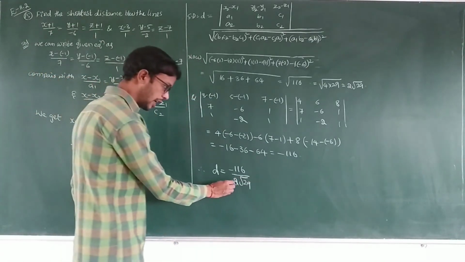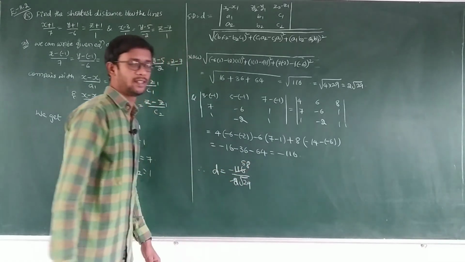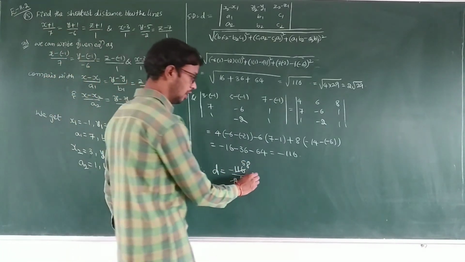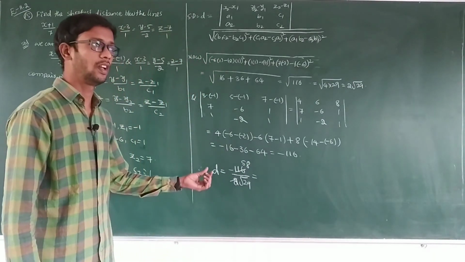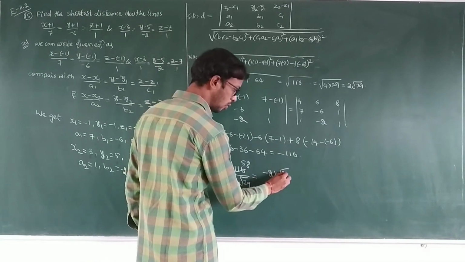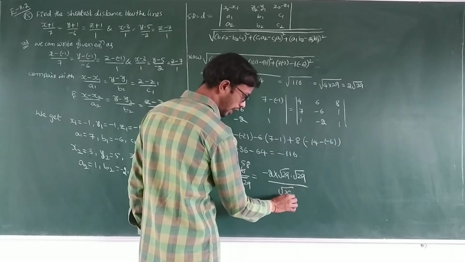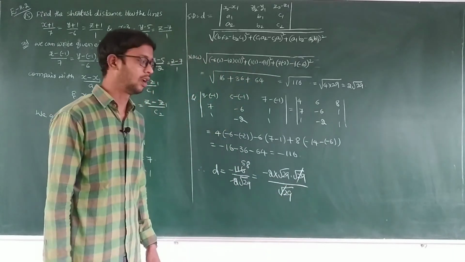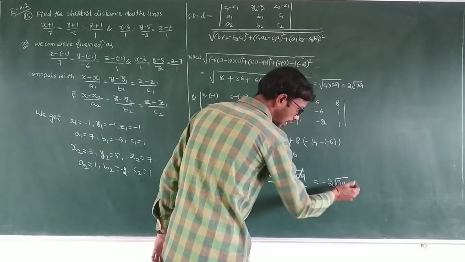29. So this one we can write as 2 1s are 2, 5s are 2, 8s are minus 58. Minus 58 we can write as minus 2 into root 29. 29 cancels, minus 2 root 29.